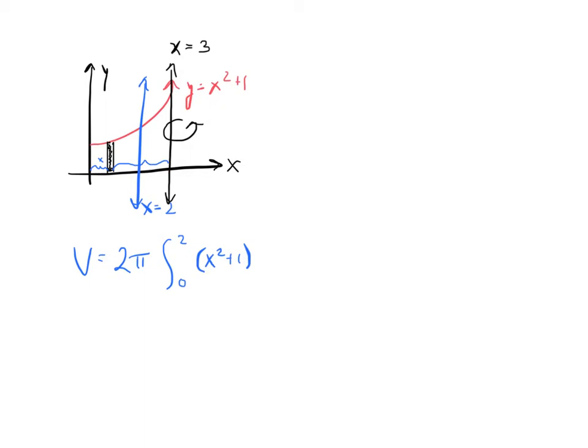And our rule of right minus left still works. It's still 3 minus some x value, right minus left. So 3 minus x dx. And you can integrate by hand or using a calculator. You'll get a volume of 16 pi.